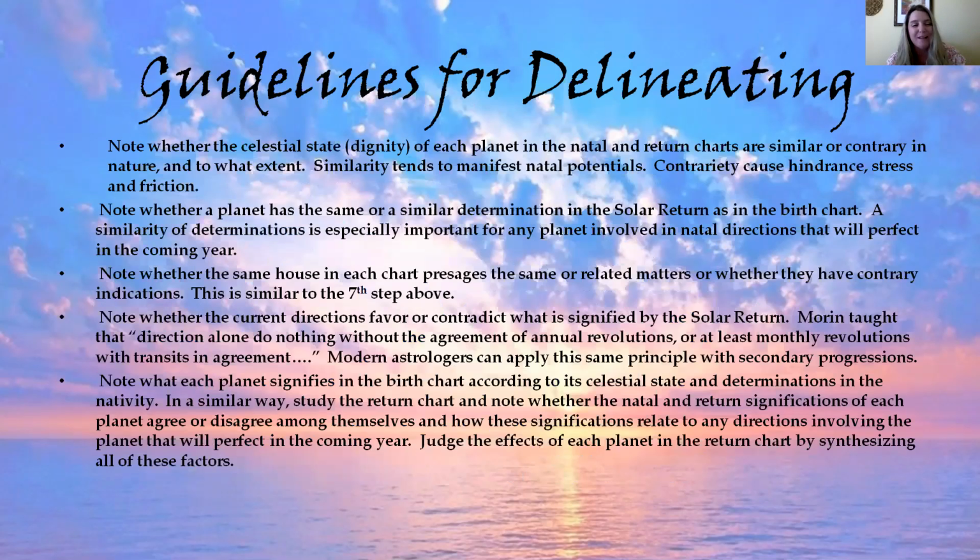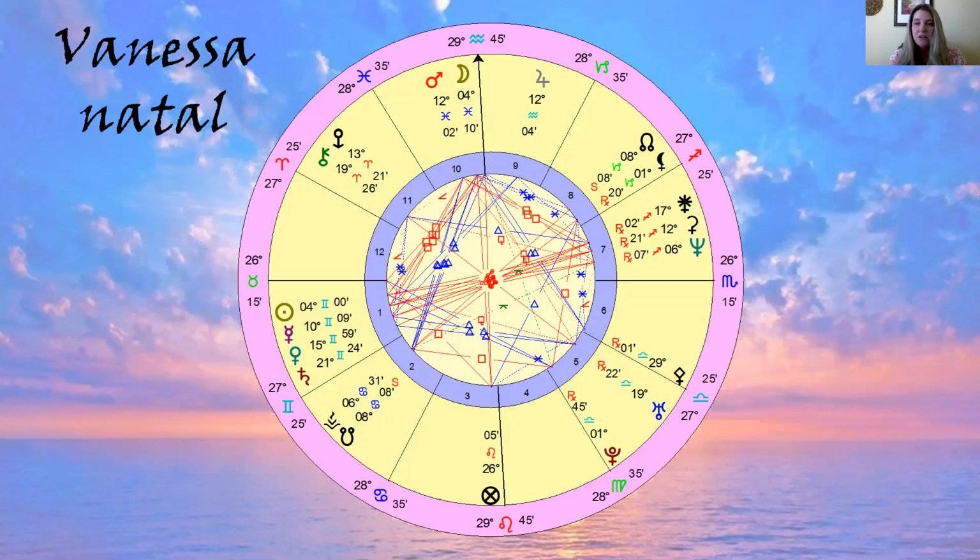Okay, that's a lot to ingest, but here we go. We're going to look at Vanessa's natal chart first, so we can get a lay of the land and understand her natal promise and what's going on in her natal chart before we look at the solar return. And we're going to look at the solar return for 2017 and dive into that detail, because she's recently had her birthday.